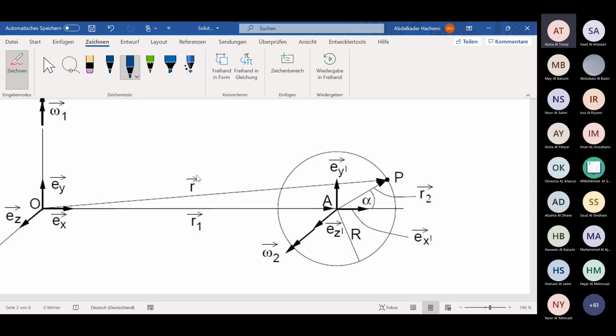Now, if I take R1 here, we have now the center of the disk, okay?